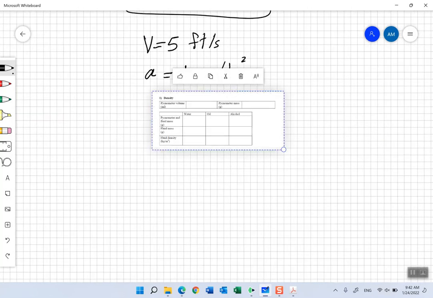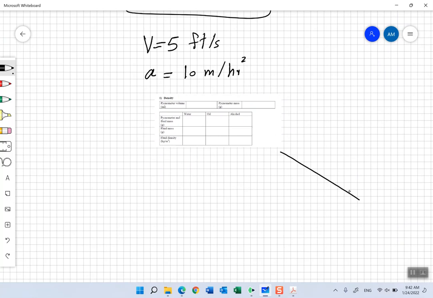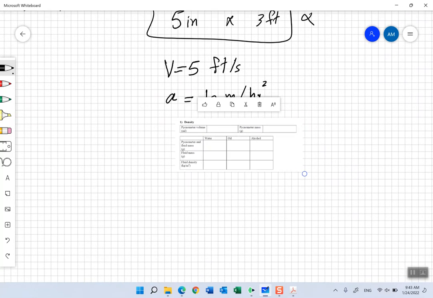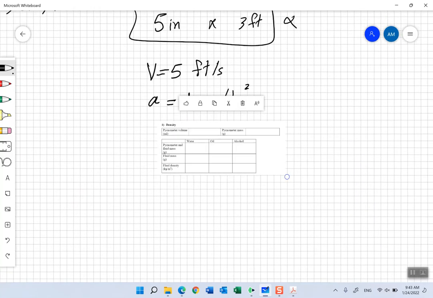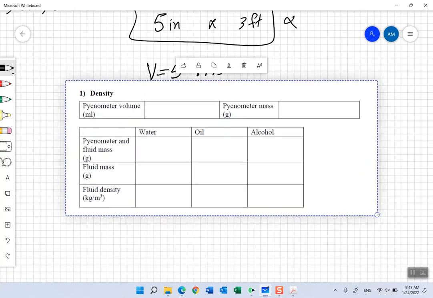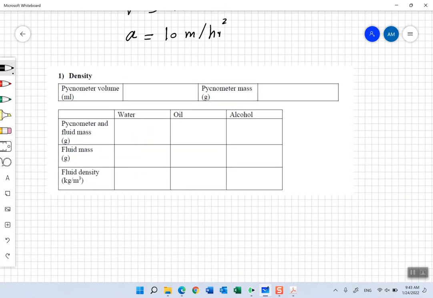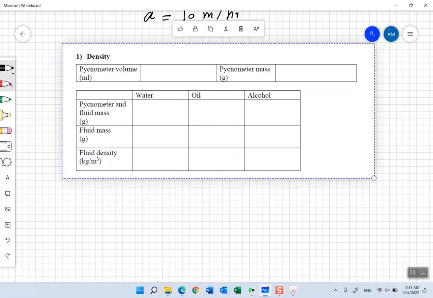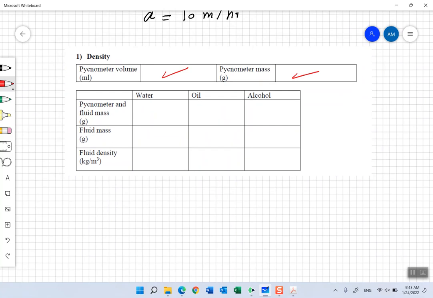So here we have the worksheet, and we already got the volume and the mass. We subtracted these two values to get this one, and we want to calculate the fluid density with this units.